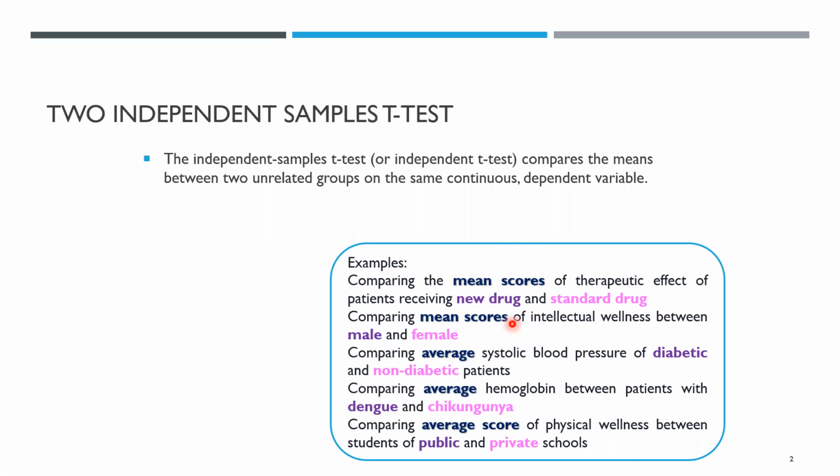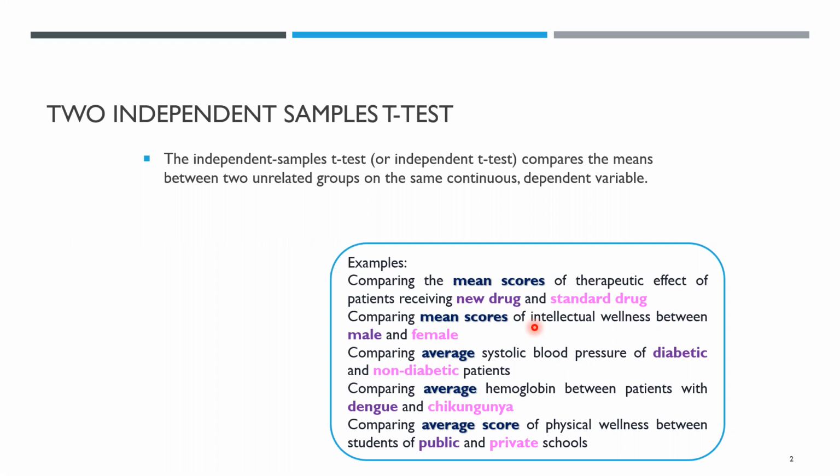Similarly, we have one more example: we want to compare the mean scores of intellectual wellness between male and female. So male will obviously be one group and female will be the other group. We are comparing the mean scores of intellectual wellness. Another example is to compare the average systolic blood pressure, which is again a continuous variable, between diabetic and non-diabetic patients.